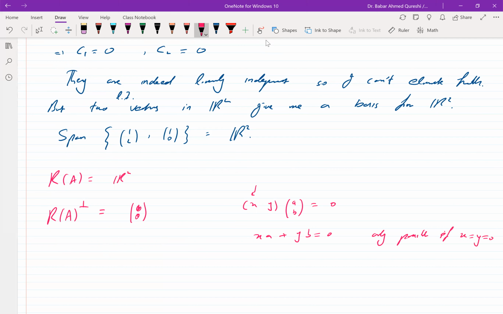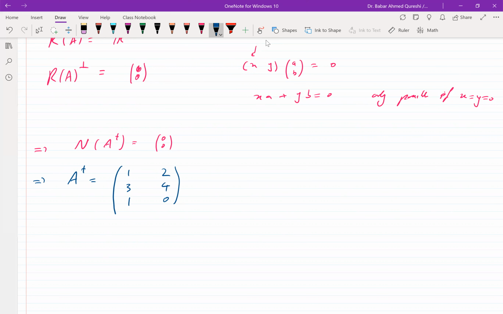This means that the null space of A transpose should be (0, 0). There's only one vector here, only the zero vector. That means if I consider A transpose, which is 1, 3, 1, 2, 4, 0, and write the homogeneous equation for it.